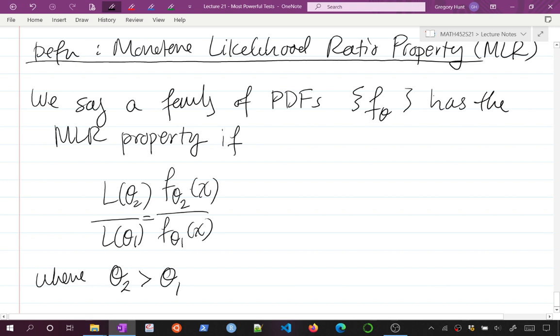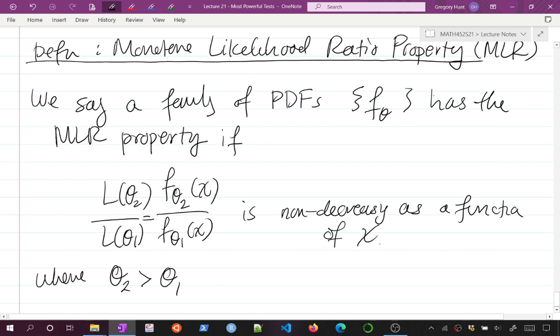So if I look at this likelihood ratio, this thing has the MLR property if this likelihood ratio is monotone, is non-decreasing as a function of x.